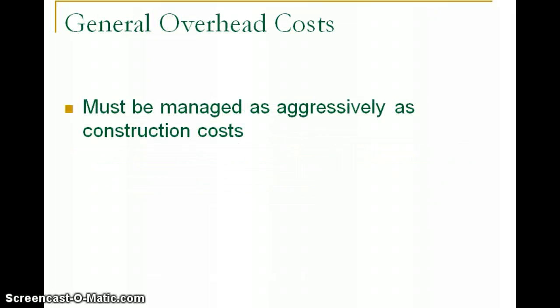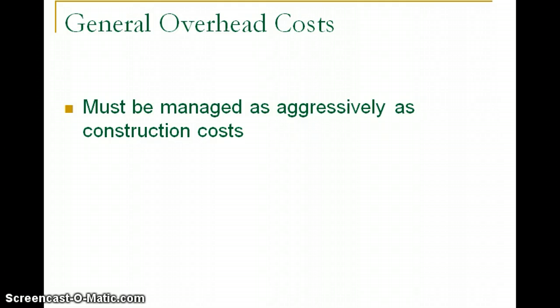Other costs involved overhead costs, and I think we need to distinguish here. There are two types of overhead: the overhead that's generated in the field and the overhead that's generated by the main office. The overhead in the field could be the salaries of the project manager and superintendent.